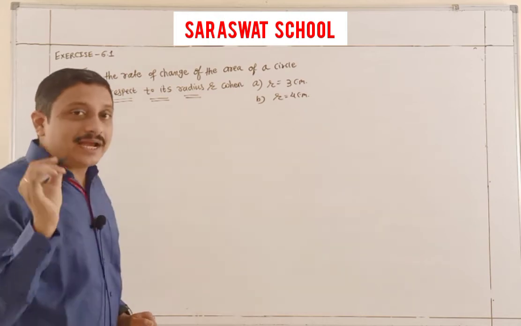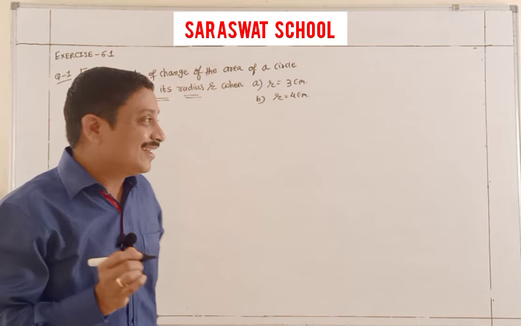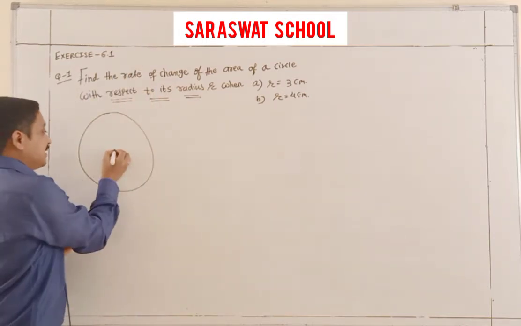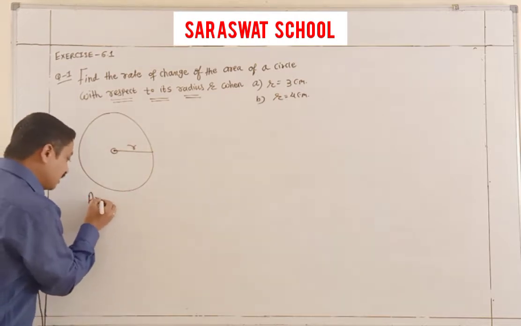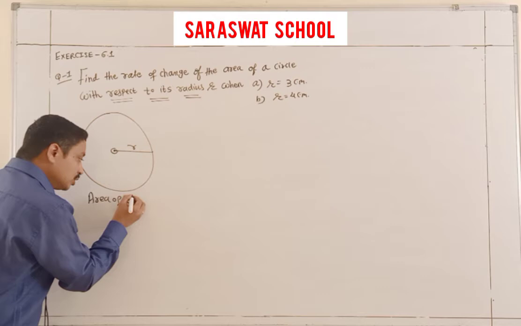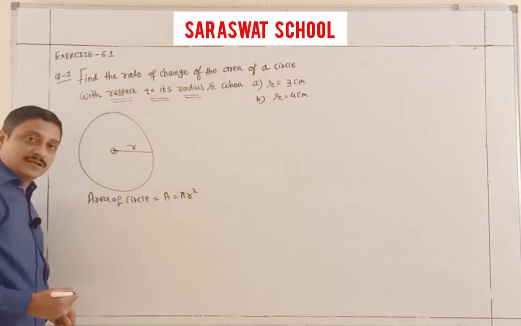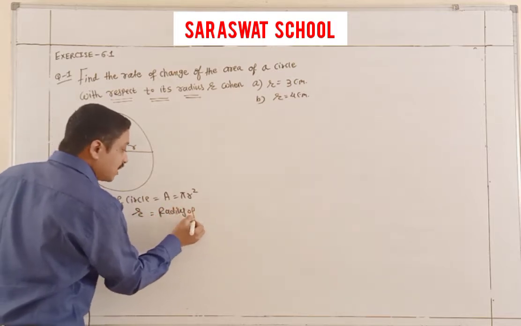So I take the derivative with respect to r. This is your circle, here the center, and this is the radius. Area of circle, you know, A is pi r square, and r is what? Radius of the circle.